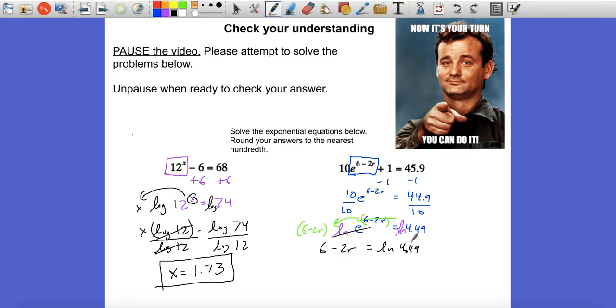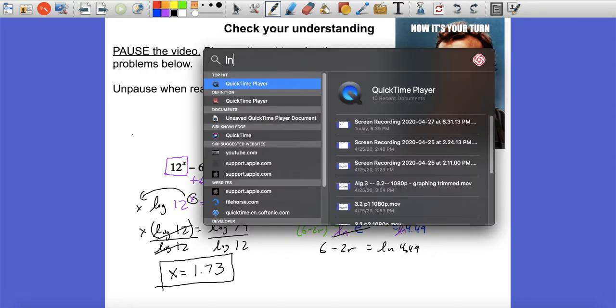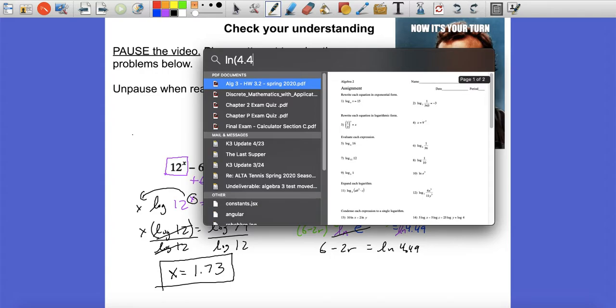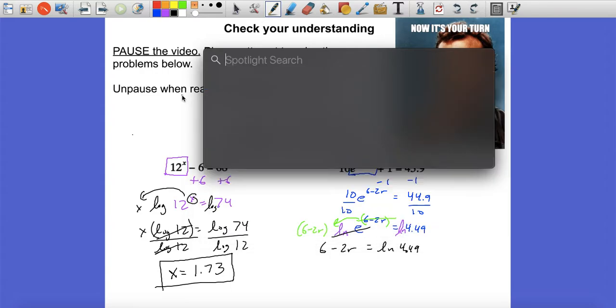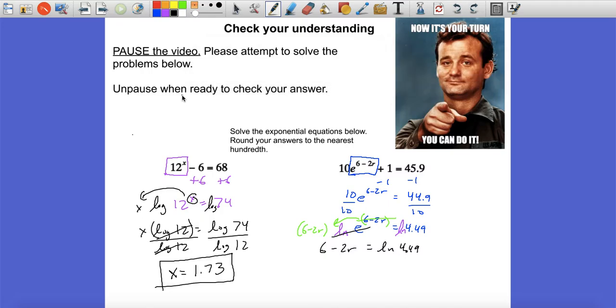I can get the decimal approximation for natural log of 4.49, and we get 1.50. So I get 1.50 equals 6 minus 2r.